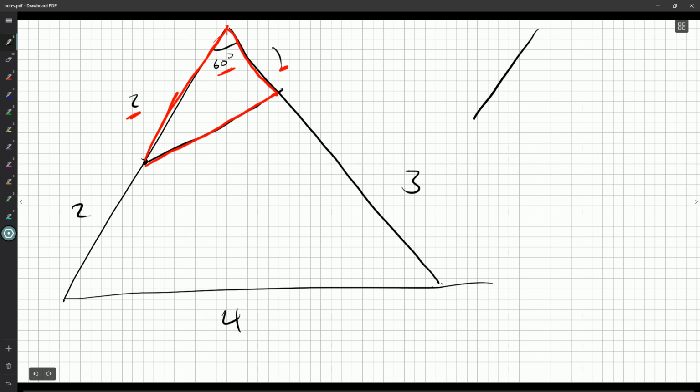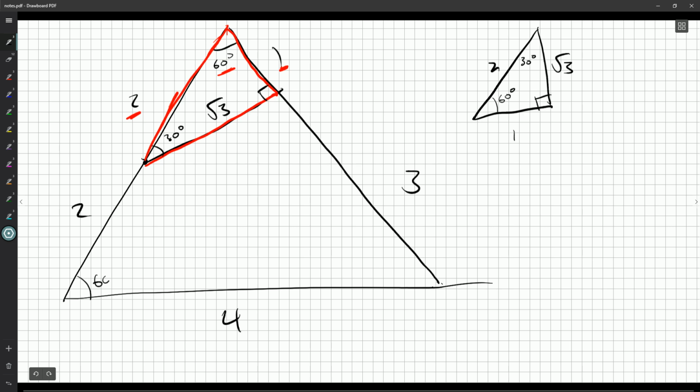And so if you know a more common triangle that has a 2, a 1, and a 60 degrees, with the root 3 on the other side, this is the 30, 60, 90 triangle, very special, very useful triangle, comes up a lot. If you already know that, you can just jump straight to this is a root 3 here. You don't have to do the cosine law. And then if you got 1, 2, root 3, and you got the 60 there, well, you know the other angles here.